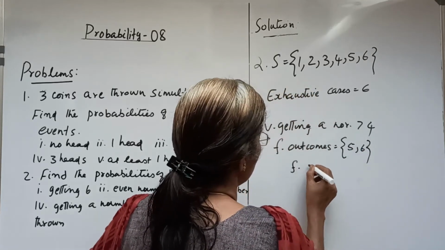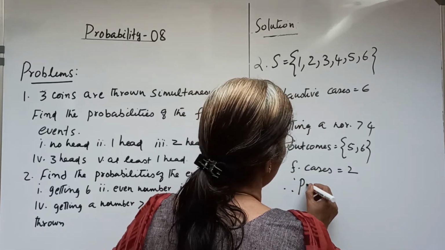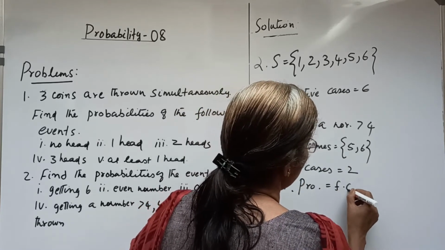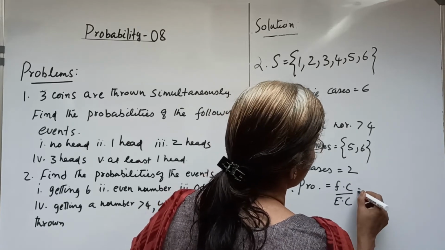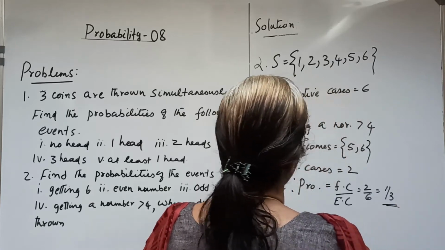So the favorable cases equal 2. Therefore probability equals favorable cases divided by exhaustive cases, equal to 2 by 6, equal to 1 by 3.